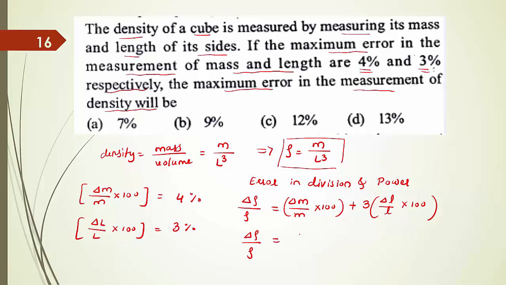Delta rho over rho equals the percentage error in mass, which is 4%, plus 3 kept as it is, times the percentage error in length, 3%. So 4% plus 3 threes are 9, 9 plus 4 will be 13%. So 13% maximum error is present in the measurement of density. So option D is the right answer.